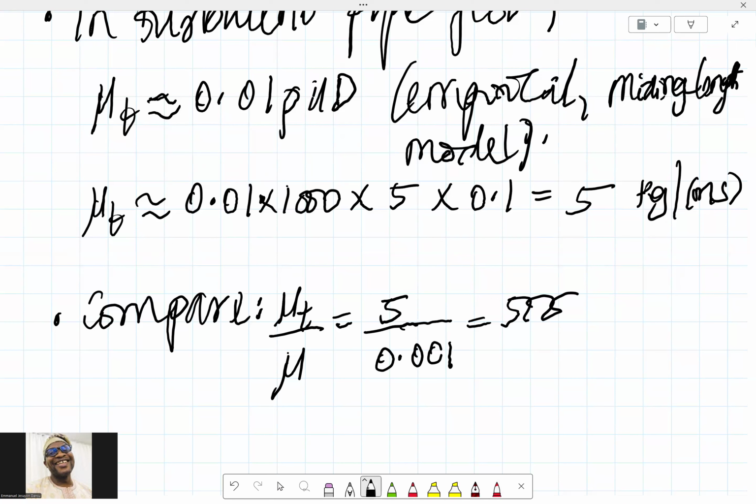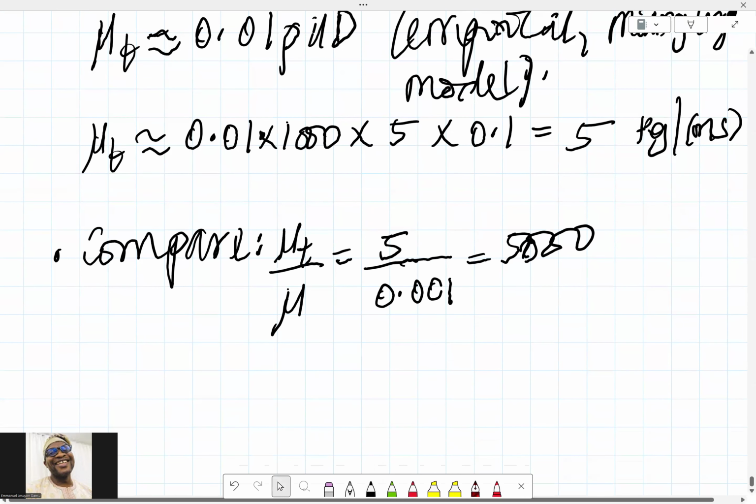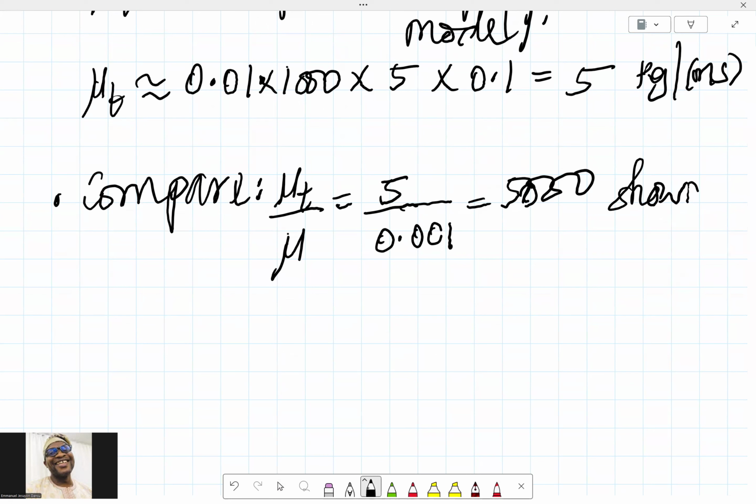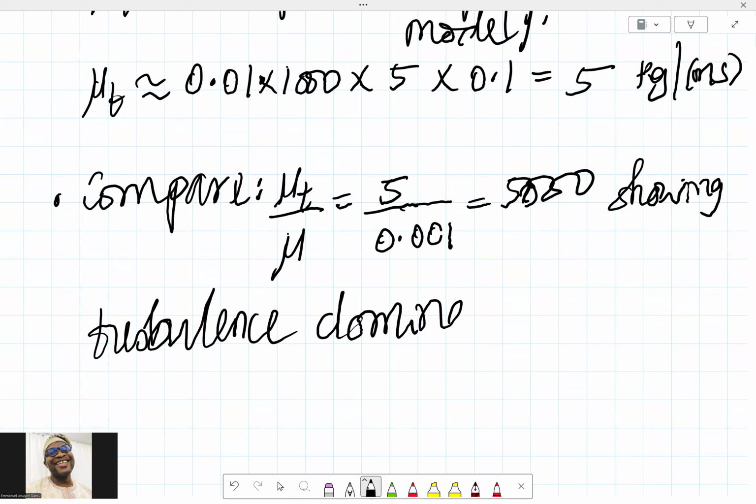That's 5,000. So it's 5,000 times, showing that turbulence dominates viscosity.